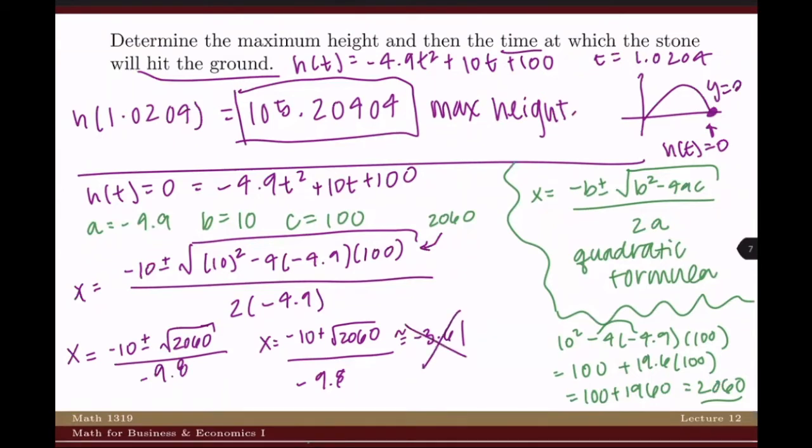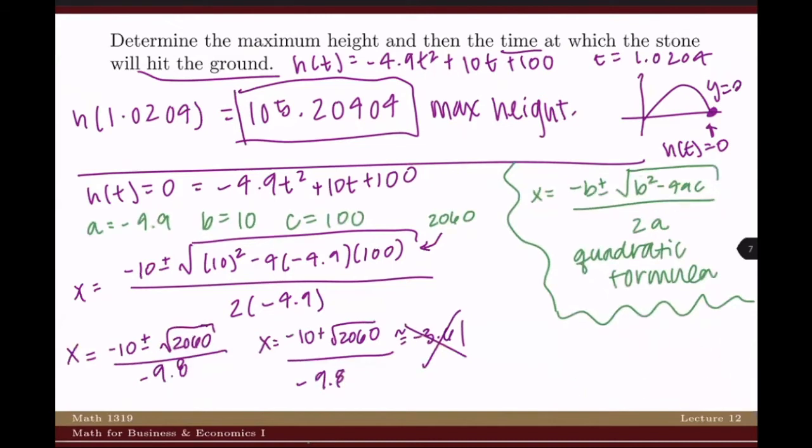And then we try the other one, which is going to be negative 10 minus the square root of 2060 divided by negative 9.8. I'm going to erase this scratch work and write that over here in this area.